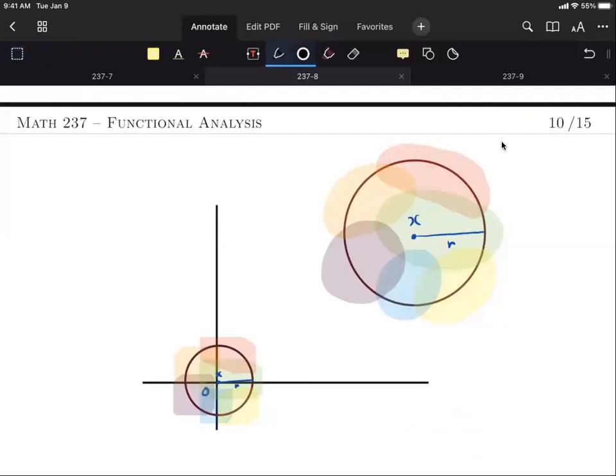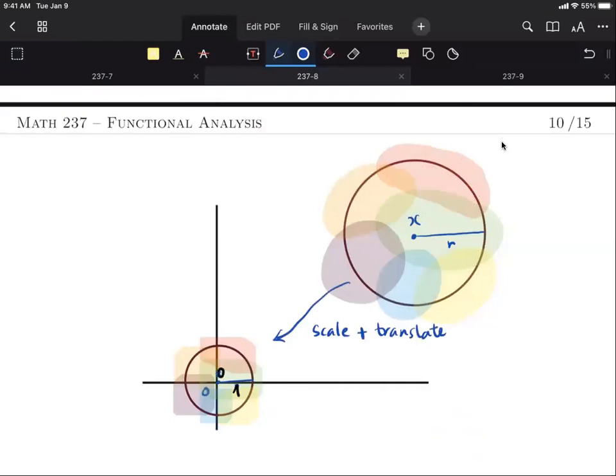So now we have a radius 1, and the center is now in 0. So this is your center, and your radius now is equal to 1. So what you do is you scale and possibly translate if the center is not the origin.